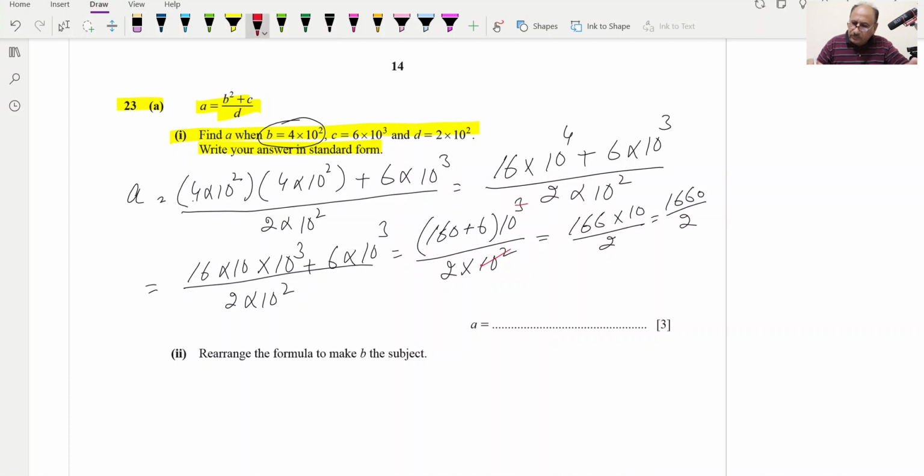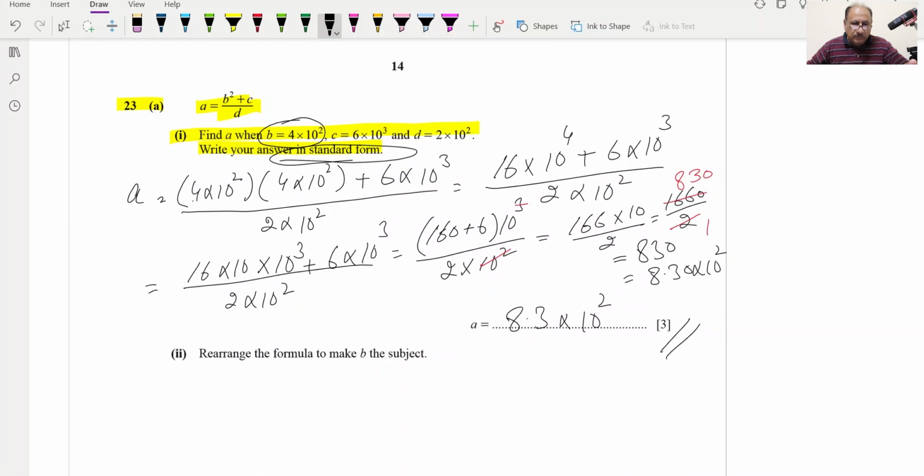After cancellation, 2 ones are 2, 2 eights are 16, 2 threes are 6 and 0. So the answer will be 830. 830 we can write as 8.30 into 10 raised to 2 because we have to provide the answer in standard form. So our answer will be 8.3 into 10 raised to the power 2.